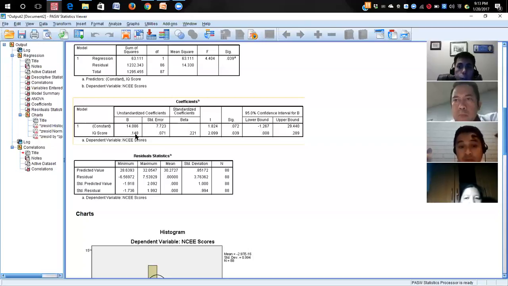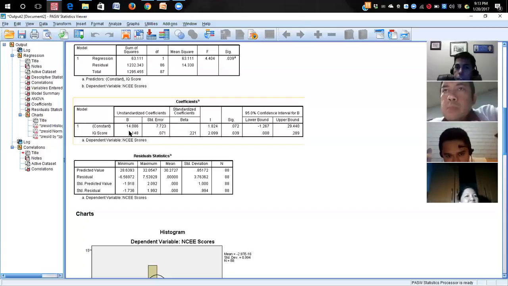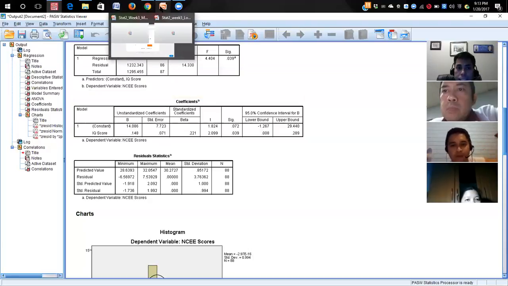So that's what regression modeling is all about, and that is what this unstandardized coefficient beta is all about. This is the beauty of regression: it has predictive modeling power, and your unstandardized coefficient tells you the dynamic relationships of the variables.